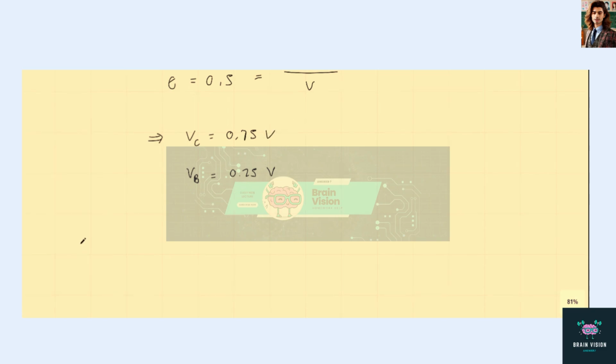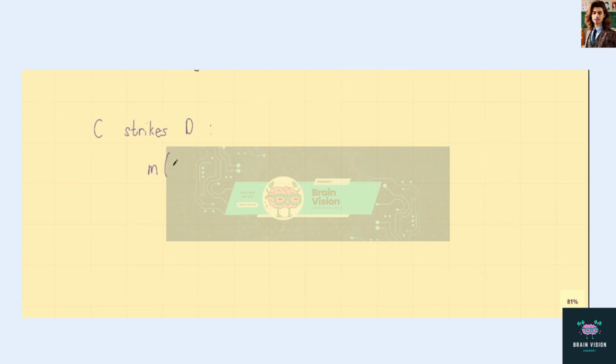Now the second collision, immediately after B strikes C, then ball C will strike ball D. And again, we'll apply the conservation of momentum. So C is moving with momentum m times its velocity 0.75 times v. And after the collision, the momentum of the system is that due to ball C, which is mvc plus mvd.